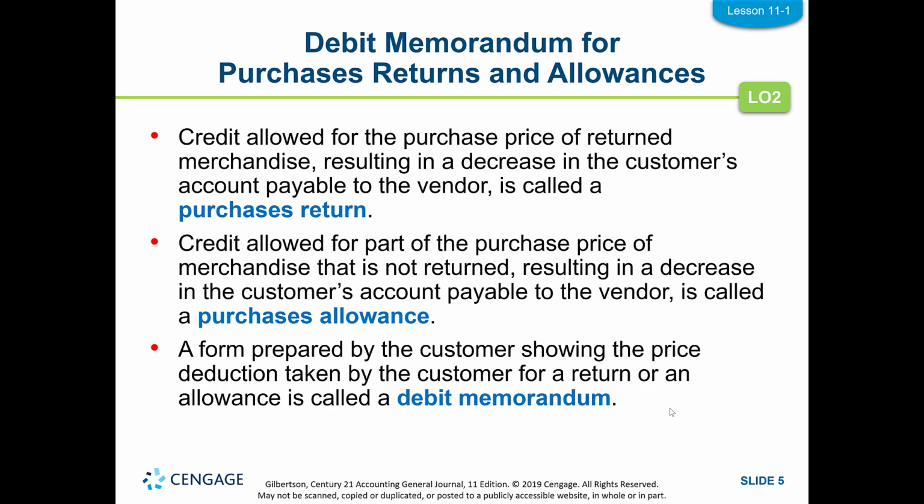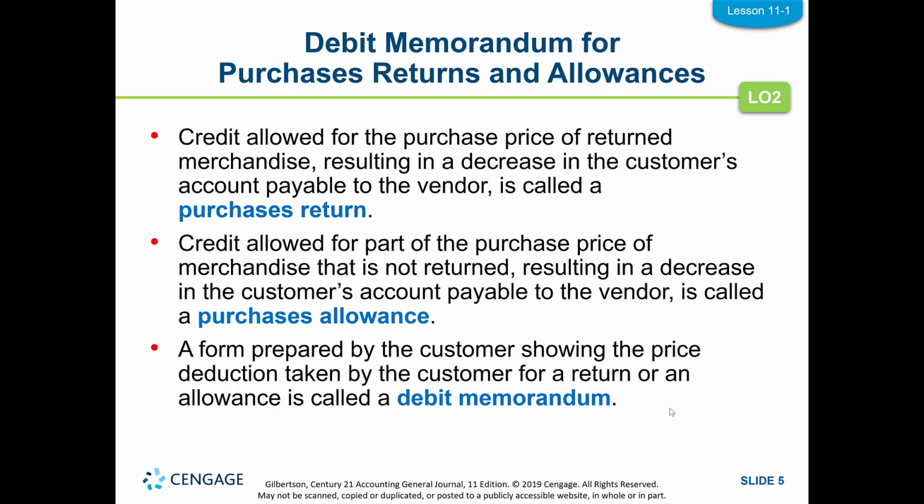So we also have to deal with the fact that we are going to have credit allowed for when we have returned merchandise. So basically what happens is I am a golf course, and I bought some golf balls. And I got them in and I realized these are not the ones I want and I want to return them.